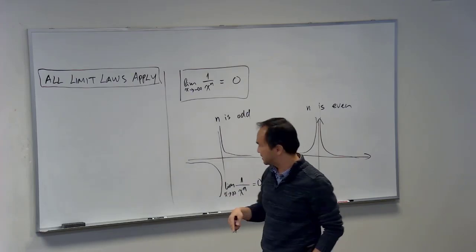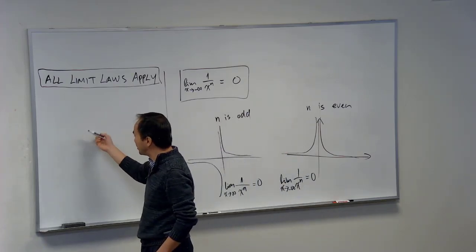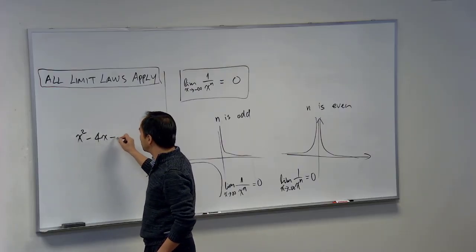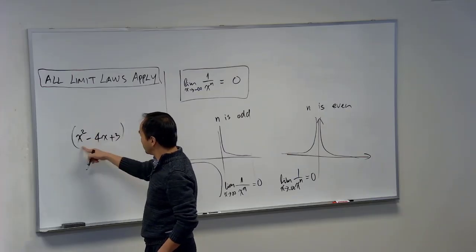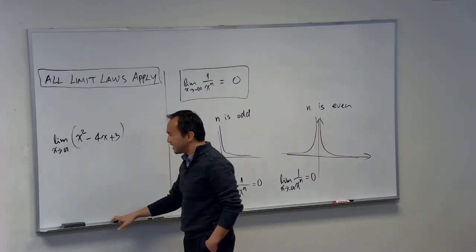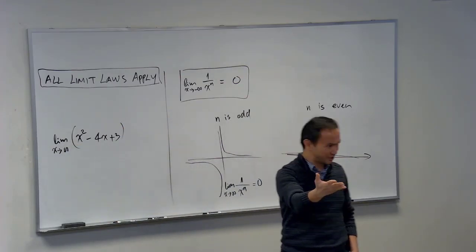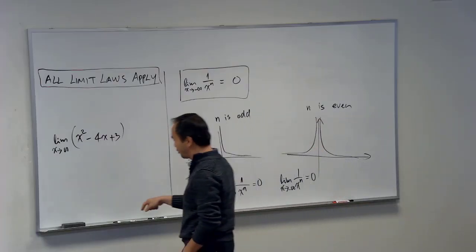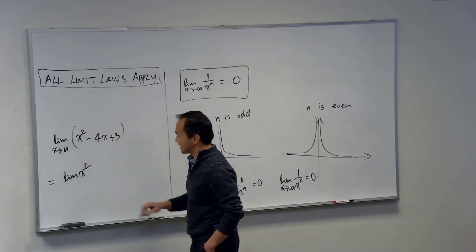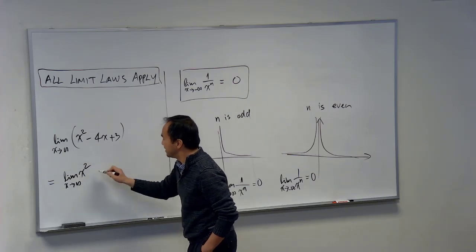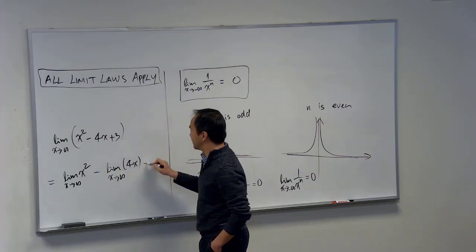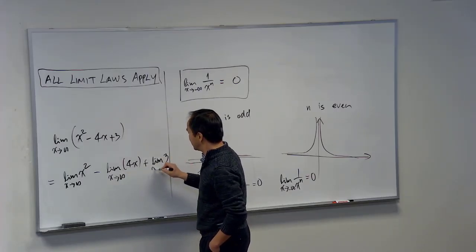Take that understanding. If you have some function, back to the polynomial that we did in the earlier lecture, for example, an x squared minus 4x plus 3, a polynomial with multiple terms, when you're asked to find the limit as x goes to infinity, yes, we already learned one quick solid tool to decide. But in the end, it's still true that you can do one separate limit as x goes to infinity, and then subtract one separate limit for x going to infinity, and plus one limit for the constant term.